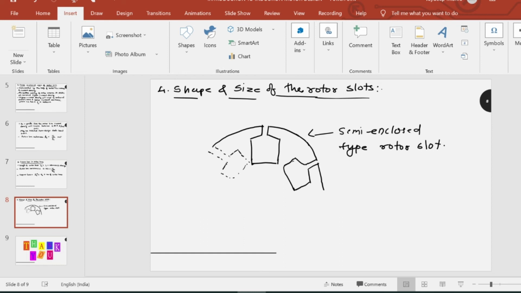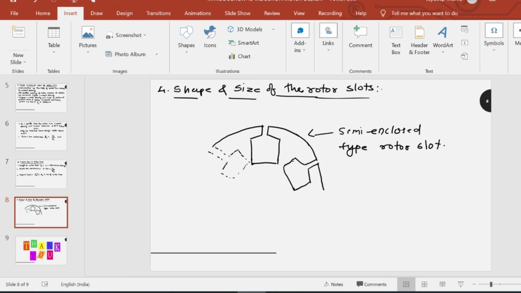The rotor with closed slot gives better performance to the motor in the following way. How can it give better performance? First point is, as the rotor is closed, the rotor surface is smooth at the air gap. Hence, the motor draws lower magnetizing current.